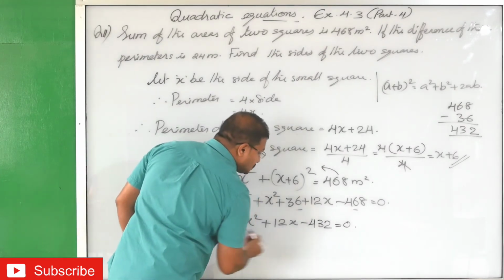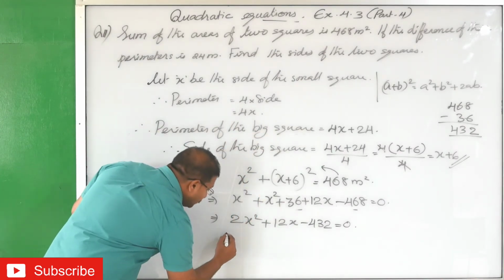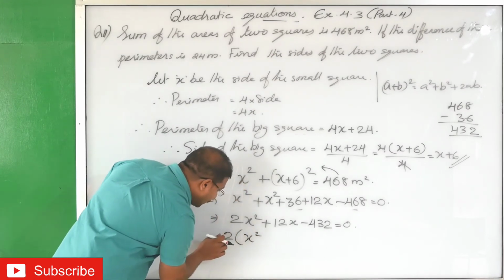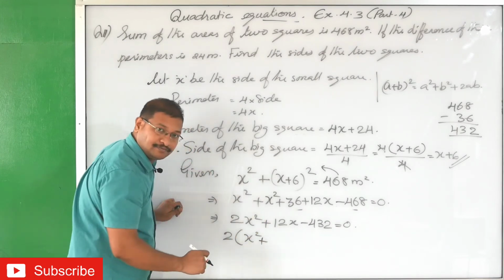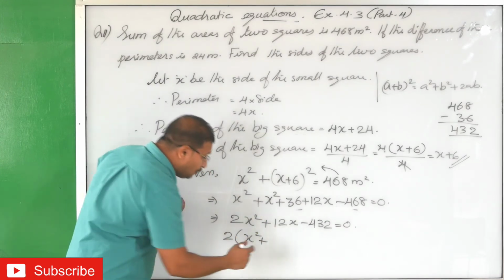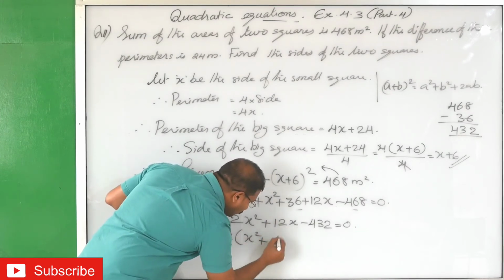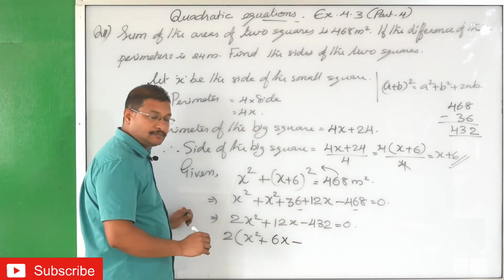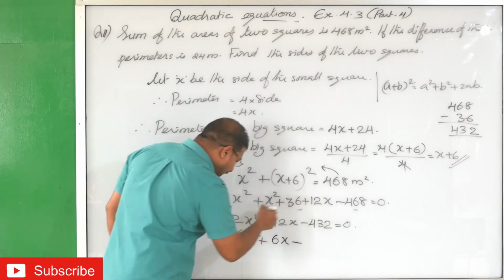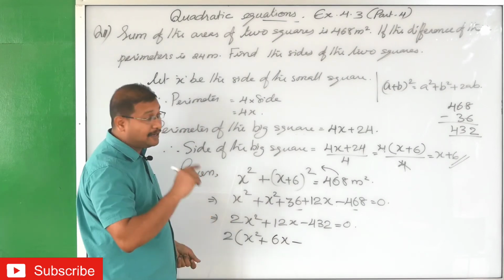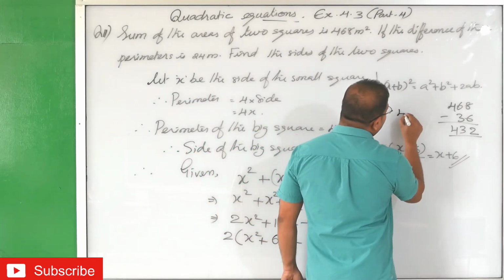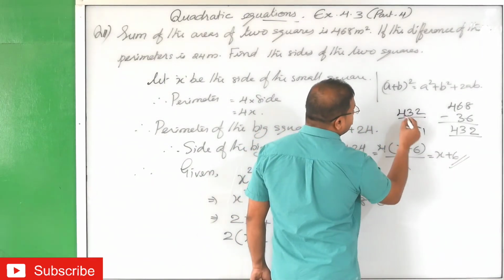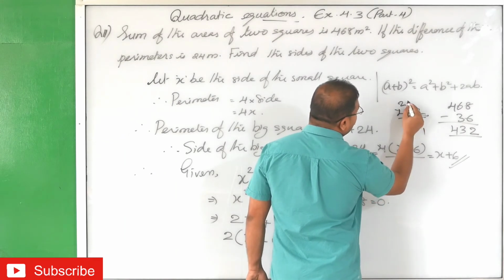Now what will we do? From all the terms, we can take 2 outside. 2 bracket x square, because from 2x square I took 2 outside. Taking 2 from 12x, that means 2 into 6 is 12, so if I take 2 from 12, the balance is 6x. Minus 432: if I take 2 outside, you have to divide 432 by 2. 2 ones are 2, 2 twos are 4, 2 ones are 2.